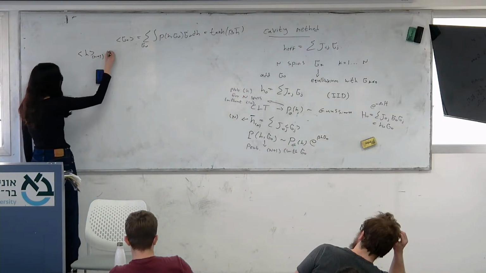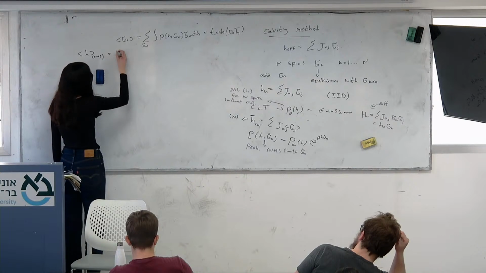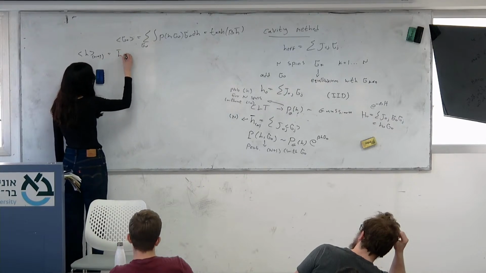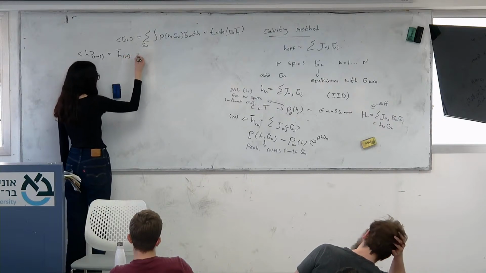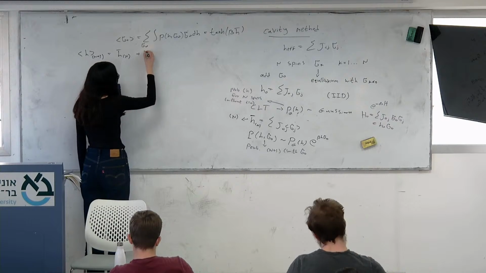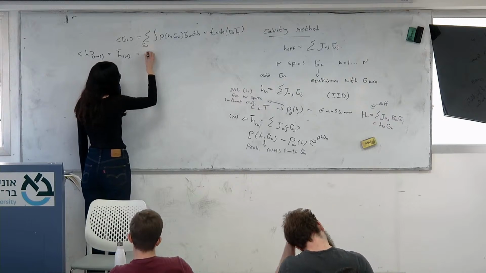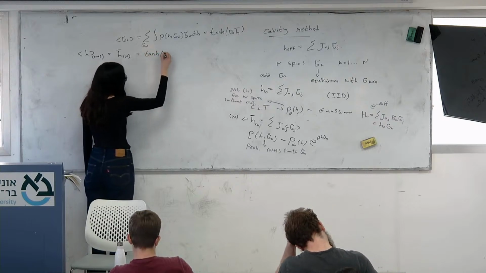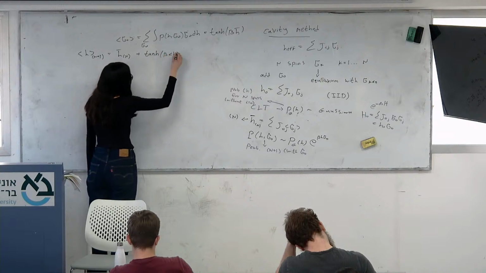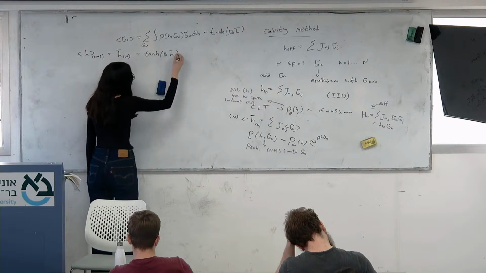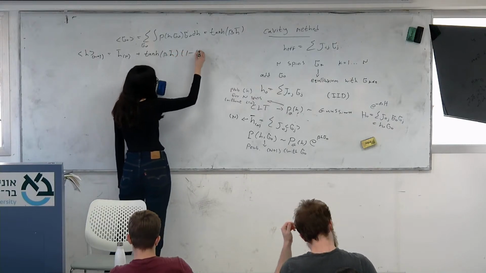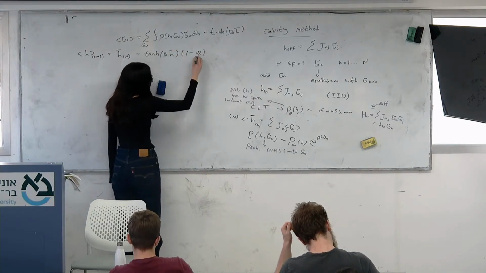So what this is going to give us is that this is equal to h for n spins plus hyperbolic tangent of beta h times 1 minus q.